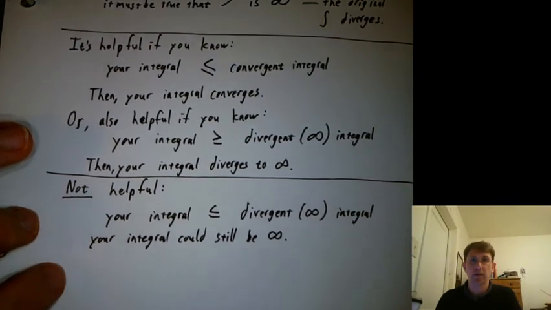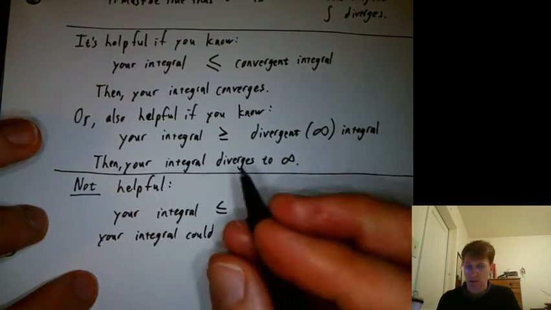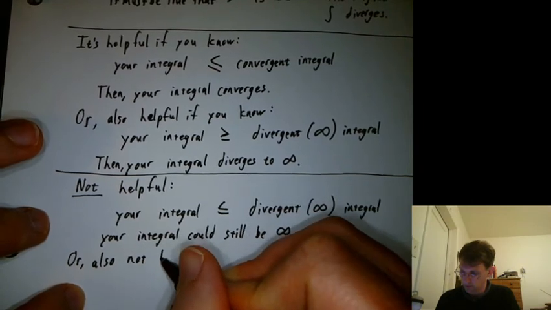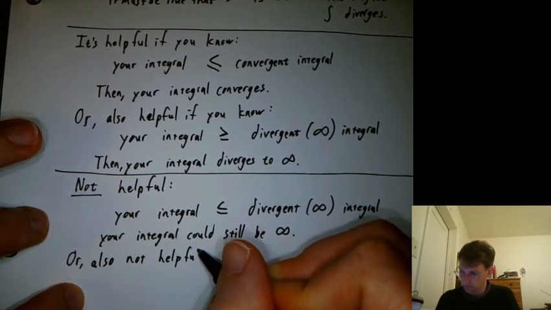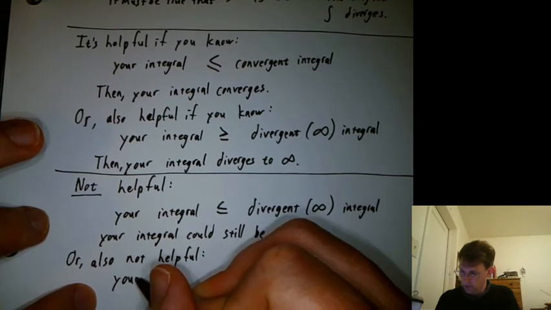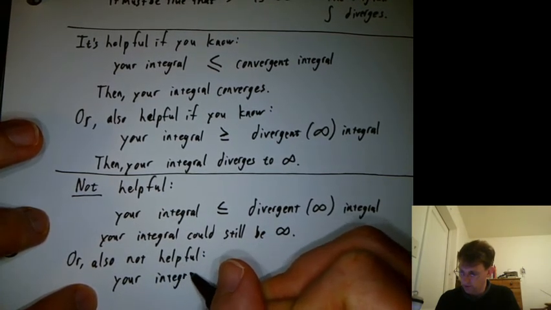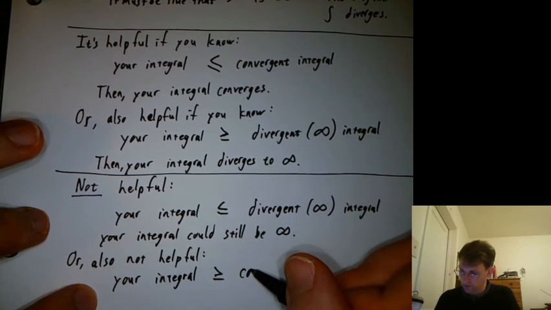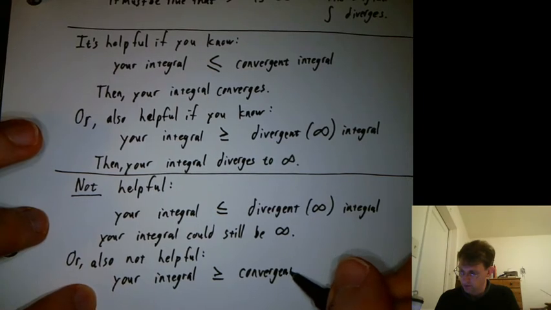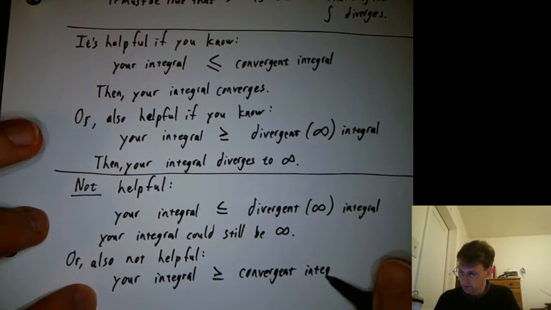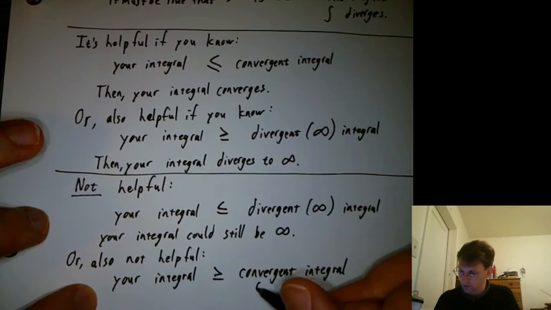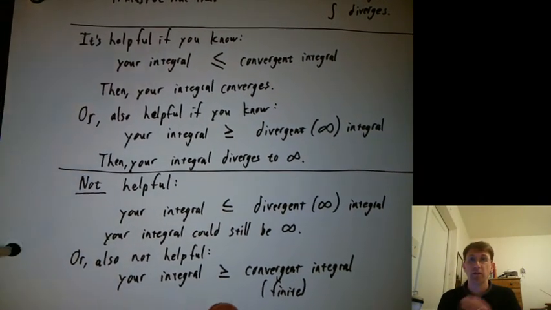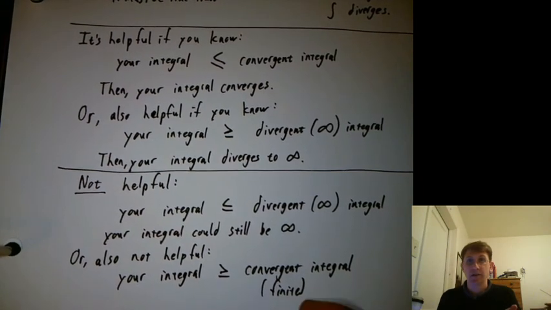What else isn't helpful? Think about another option here. If your integral is larger or equal to a convergent integral, that is one that's finite, knowing that your integral is bigger than some finite number doesn't tell you that your integral is finite.